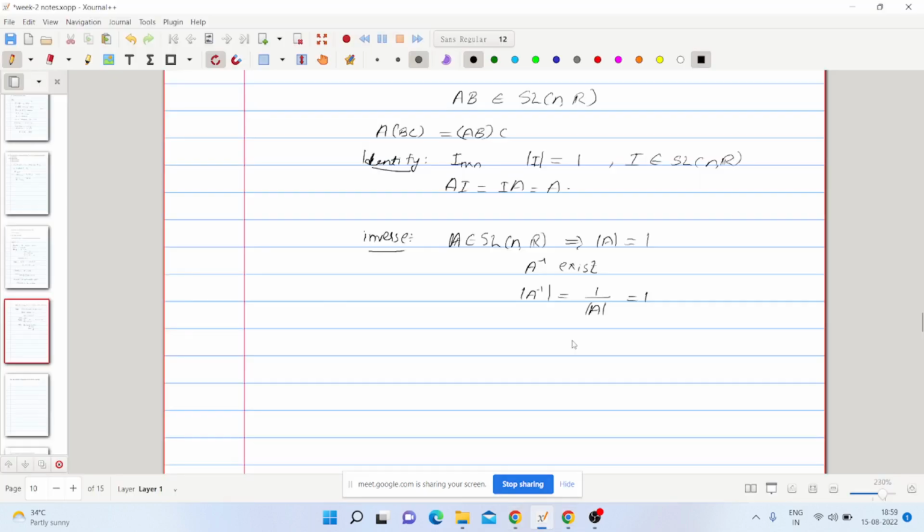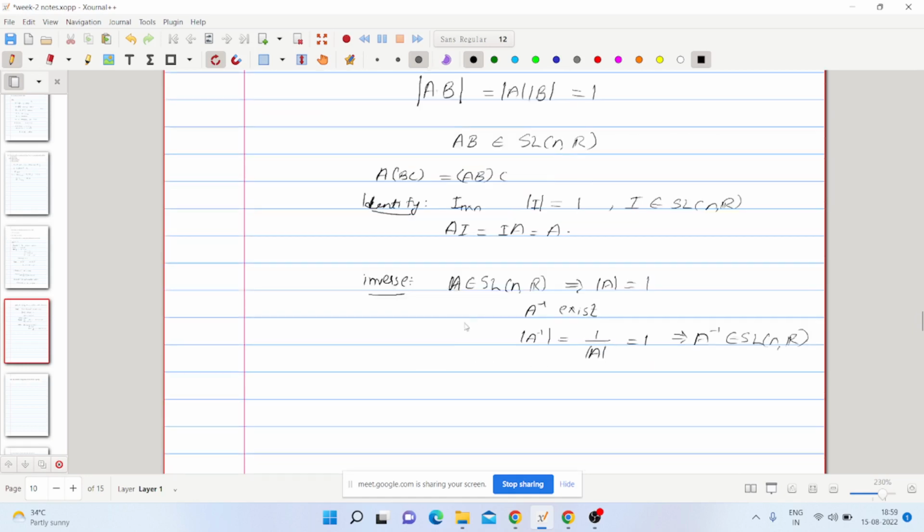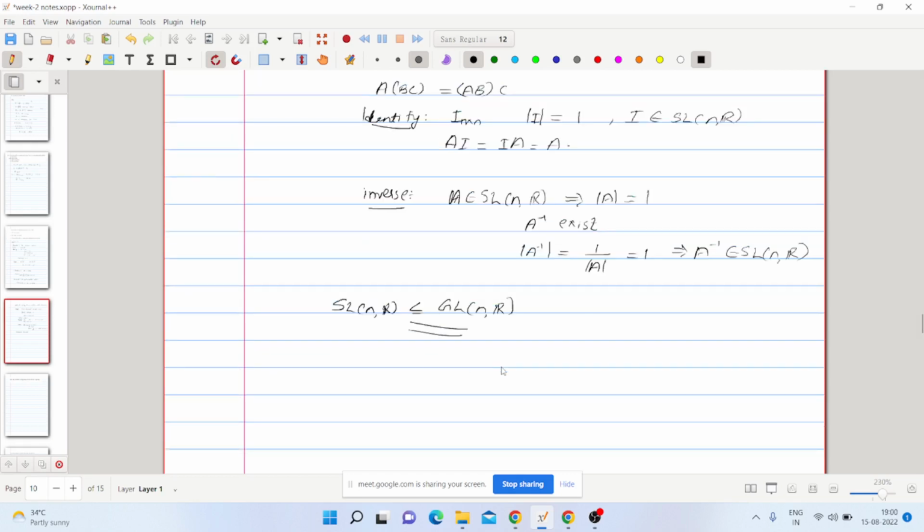That means A inverse also belongs to SLN of R. So we proved all the conditions for a group. SLN of R is also a group. In fact, SLN of R will be a subgroup of GLN of R. Is this clear?